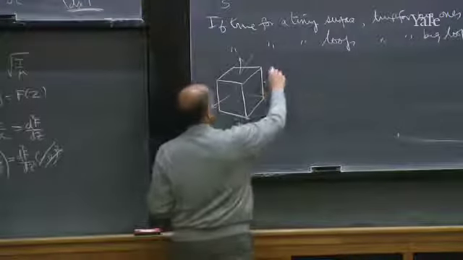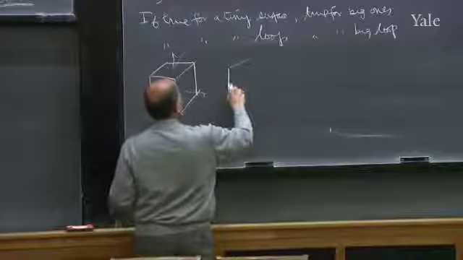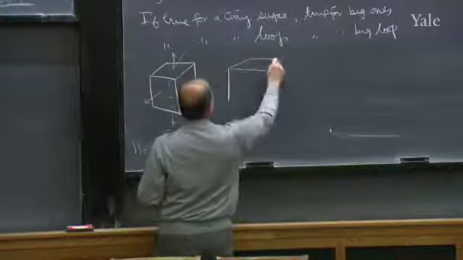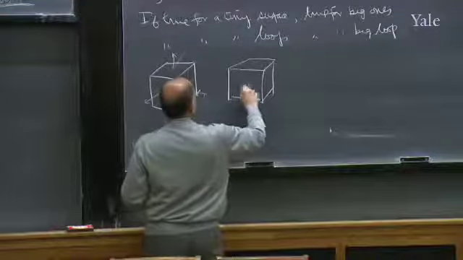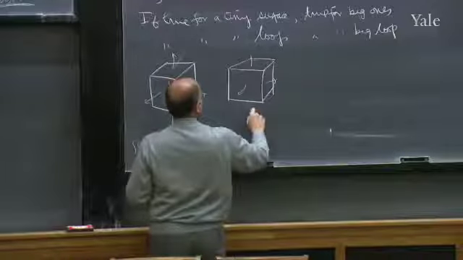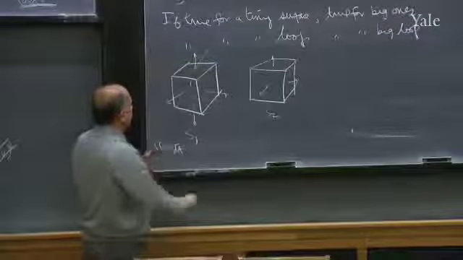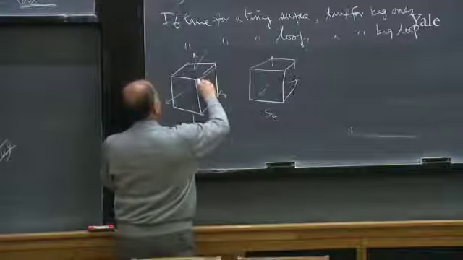Then I take a second cube here. And it's got its own outward normal. This is surface 2. Now imagine gluing this guy to this guy so it looks like this.